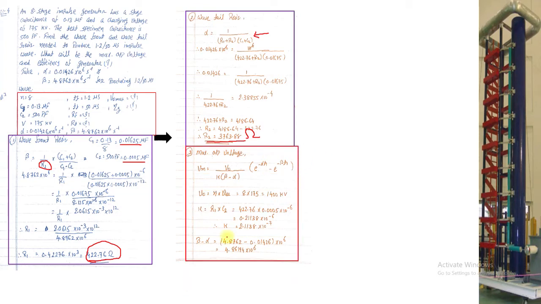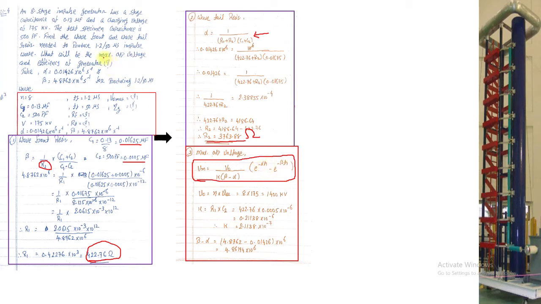Maximum voltage, as you know that the impulse voltage is the double exponential wave shape, and that double exponential wave shape can be represented by this formula. Okay, so Vm is equal to V0 upon K into beta minus alpha into e raised to minus alpha T1 minus e raised to minus beta T1. Now why we need to take T as a T1 value?